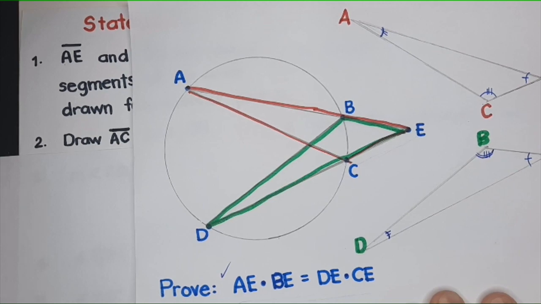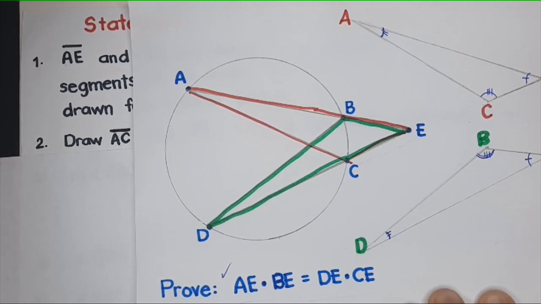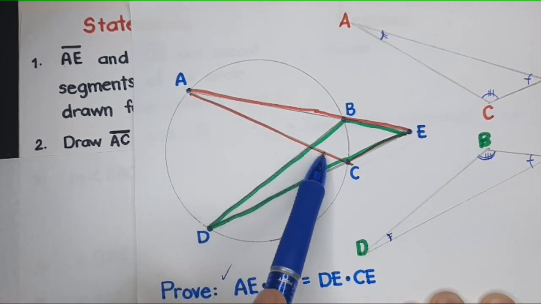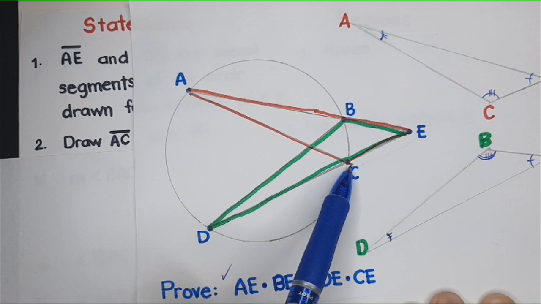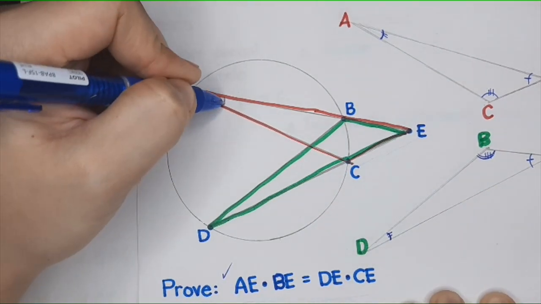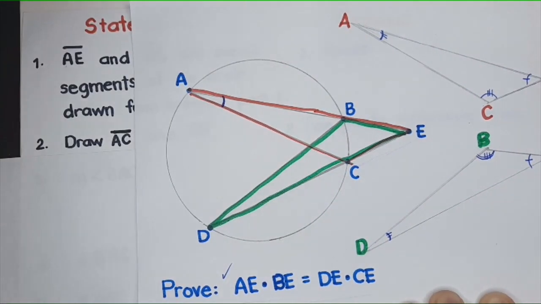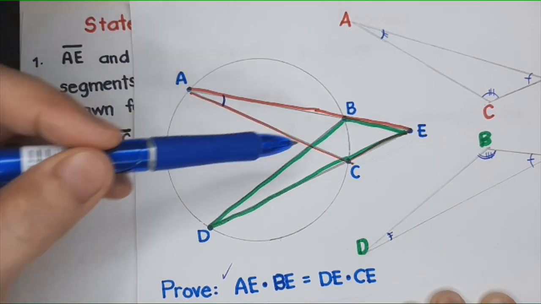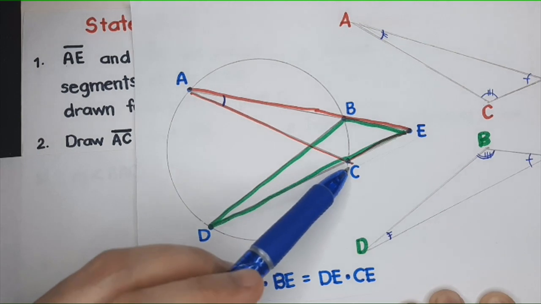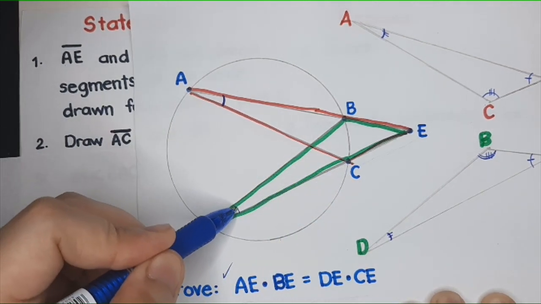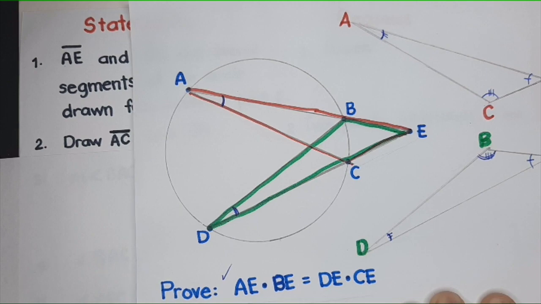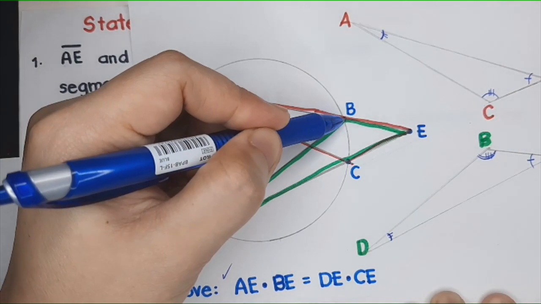Do you see inscribed angles? Okay, let's name them. It's B, A, C. This angle. Right? And where's the other inscribed angle? B, D, C. This angle. Okay? And what do you notice? They intercept the same arc.